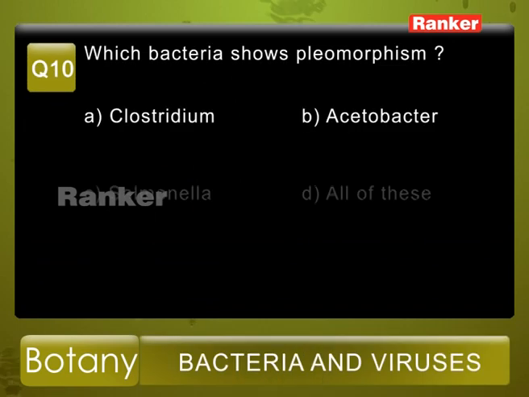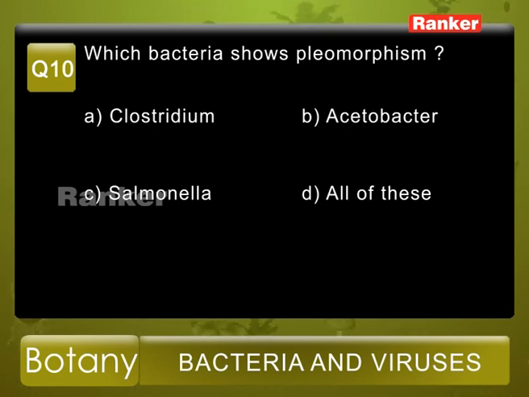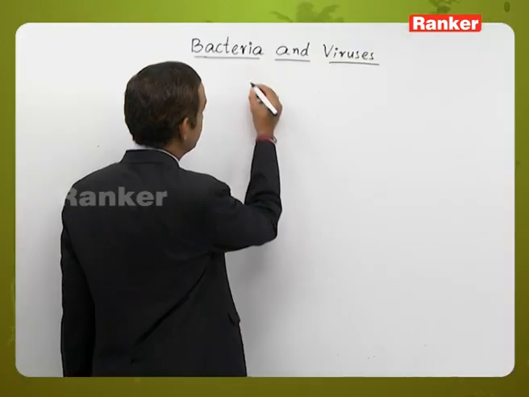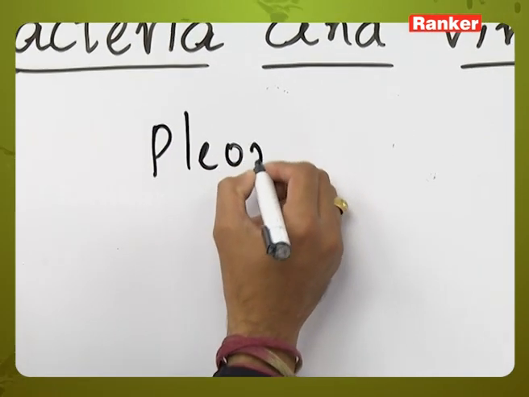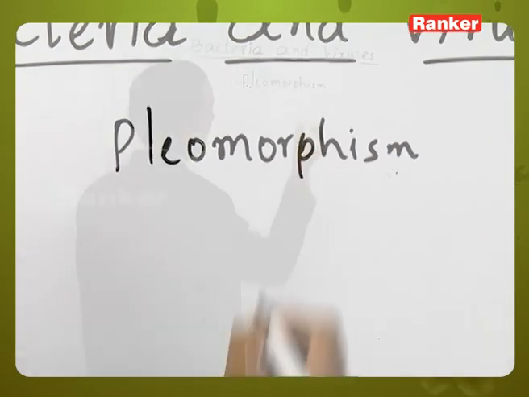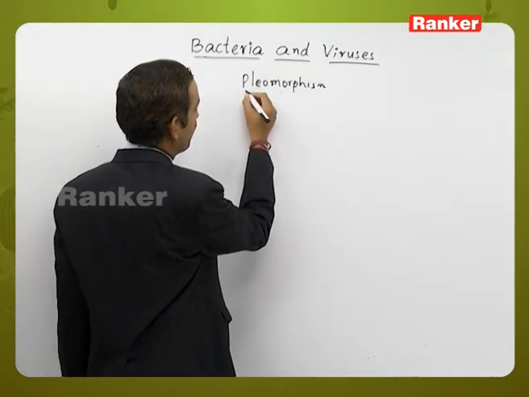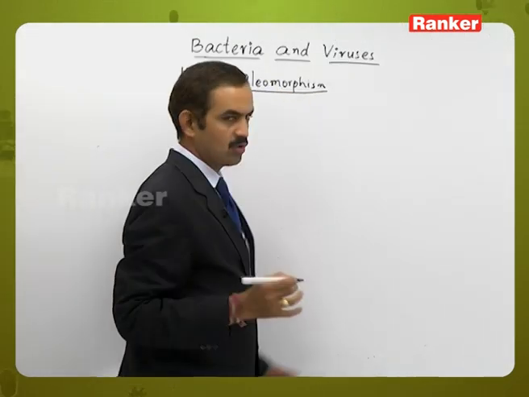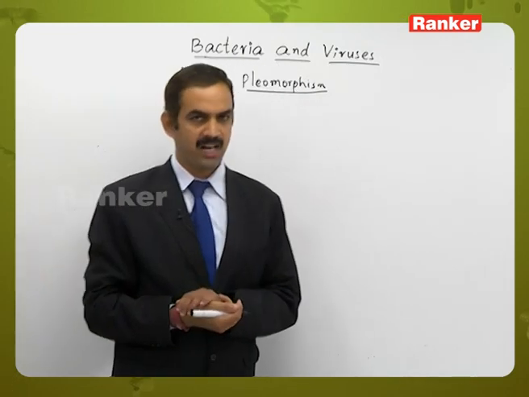Question number 10. Which bacteria shows pleomorphism? The given options are A, Clostridium, B, Acetobacter, C, Salmonella, and D, all of these. So this is a characteristic feature exhibited by some bacteria called pleomorphism. This is related to the shapes of the bacteria.